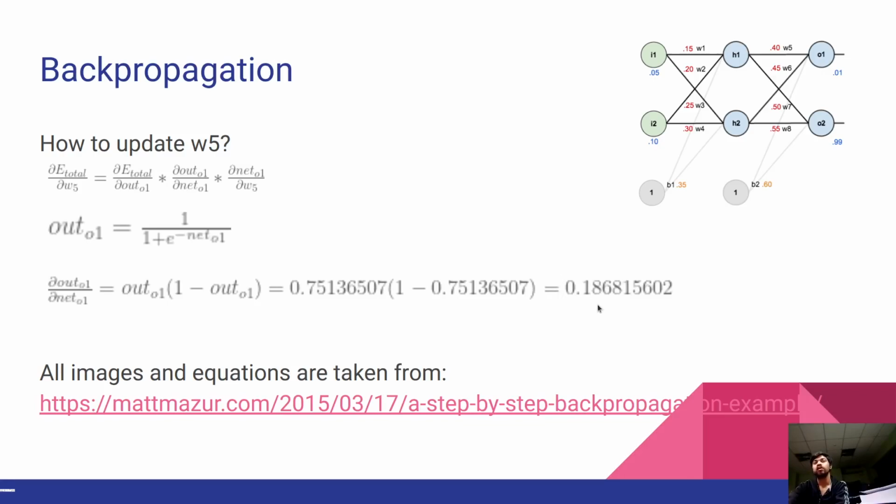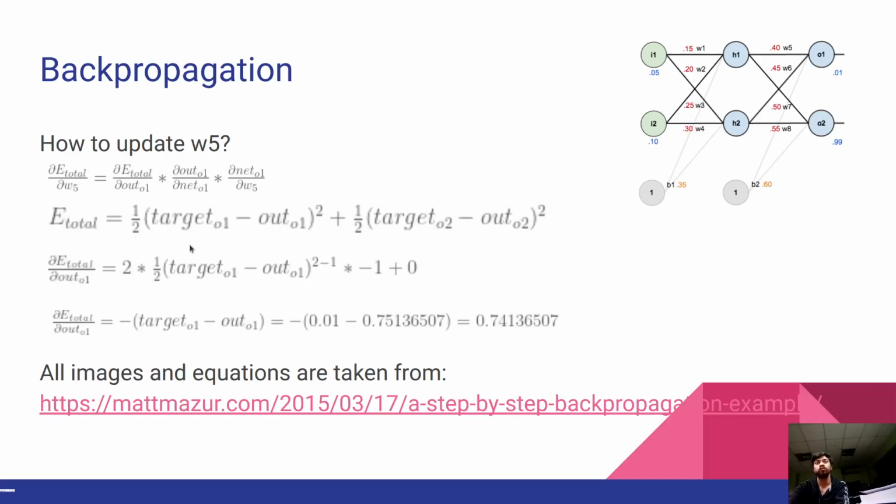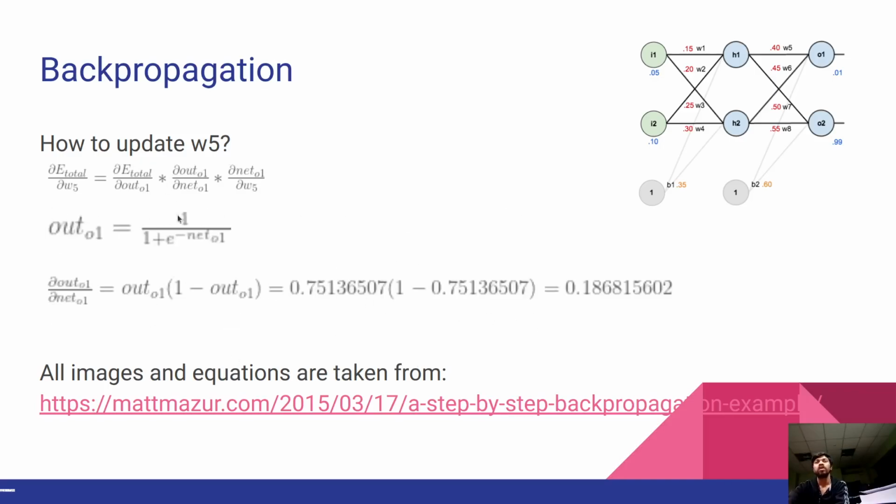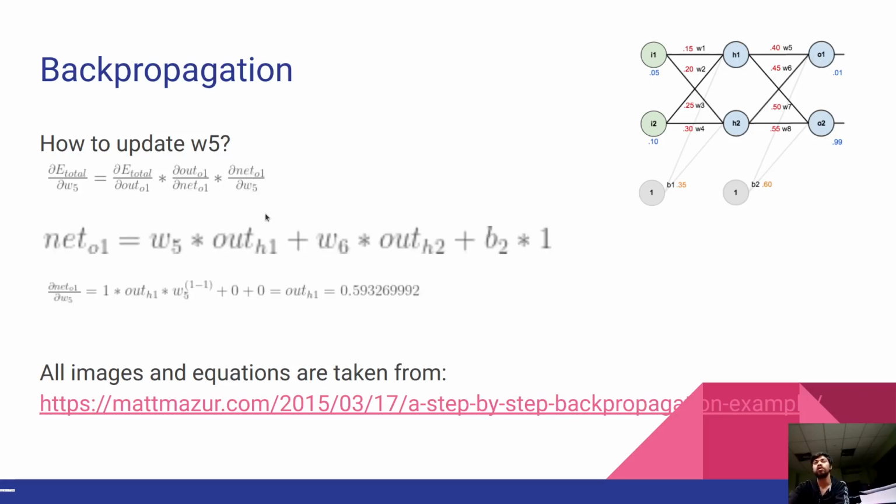Okay. So we have a three-part equation. We have calculated this part and this part, then we have to calculate the derivative of net O1 with respect to W5. So how do we calculate net O1? W5 into out H1, then W6 into out H2, and B2 into 1, where B2 is 0.60.